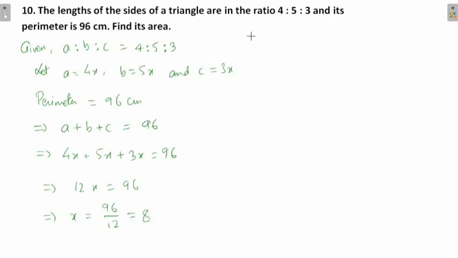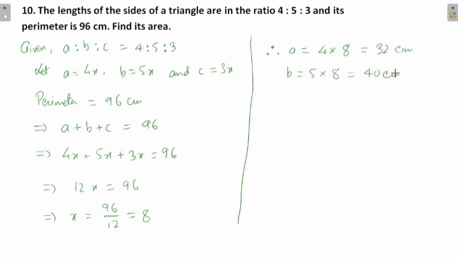Therefore our A is 4x, x is 8, so it is 32 centimeter, because the perimeter is given in centimeter. Similarly B will be 5x, that is 5 into 8, which is 40 centimeter, and C will be 3x, which is 24 centimeter.